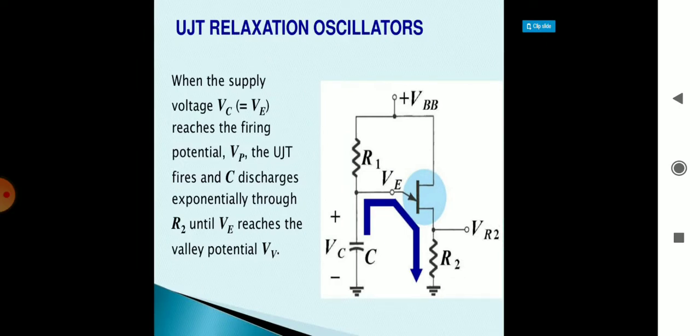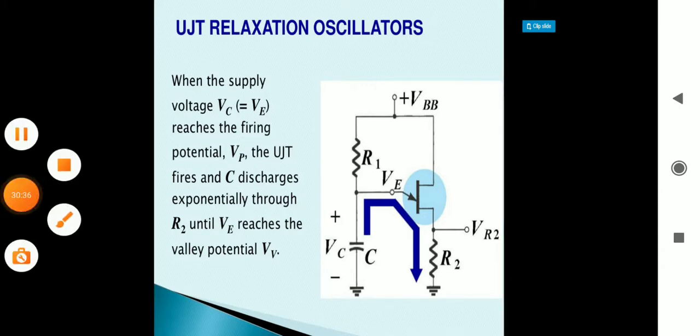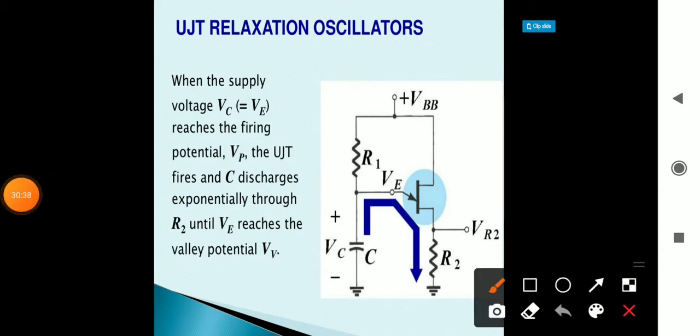Now when the capacitor voltage VC, which equals VE, reaches the firing potential VP, the UJT fires and the capacitor discharges exponentially through R2 until VE reaches the valley point VV. What does it say? At the start, the capacitor will charge up.